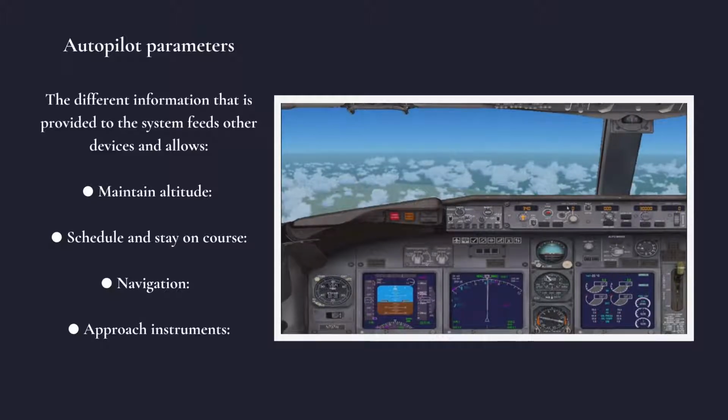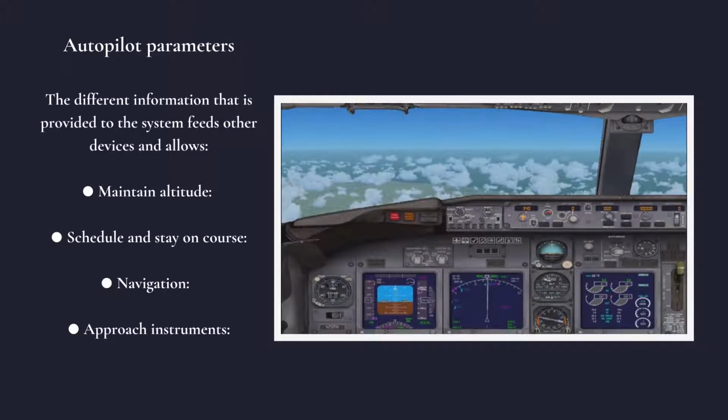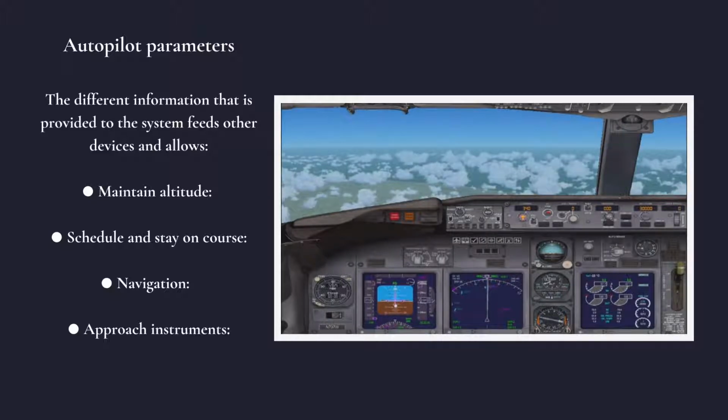By incorporating this information into the system, the aircraft will climb or descend to the desired altitude and remain there until the following modification. Second, schedule and stay on course.